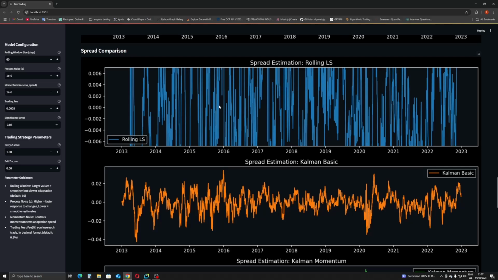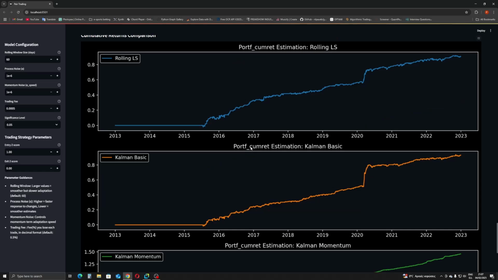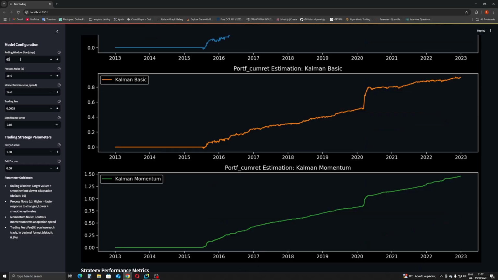Now the good thing is that we can change the parameters here at the side and see how it will affect our profit. This would be best with a validation dataset, but we don't have that now in this program. Let's check for 30 days, and let's change the significance level to 1%.